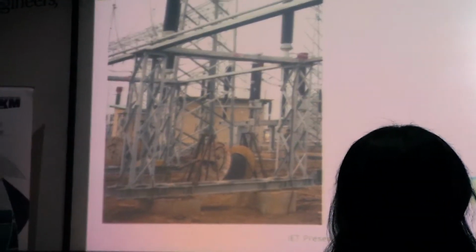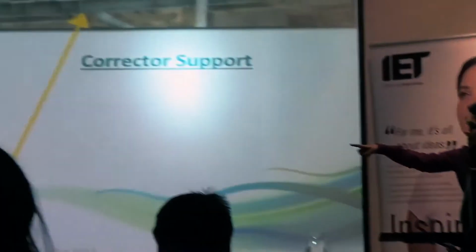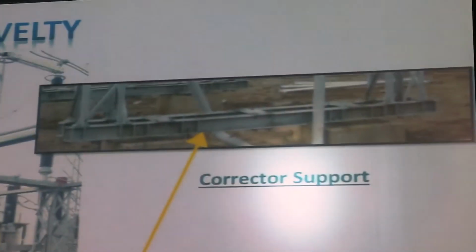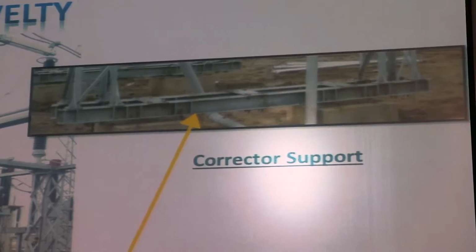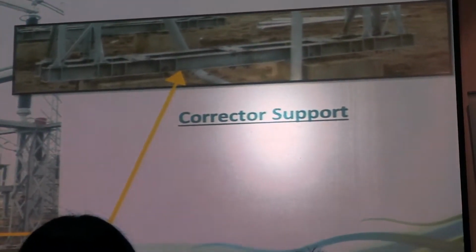After a short time surveying the solutions we had, I found a solution that you can see here: to design a character support on top of the foundation and put the structure on this support.